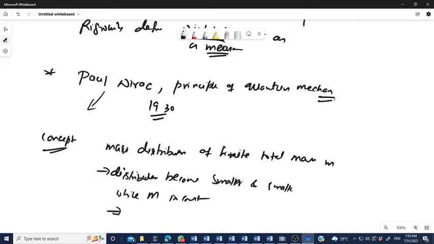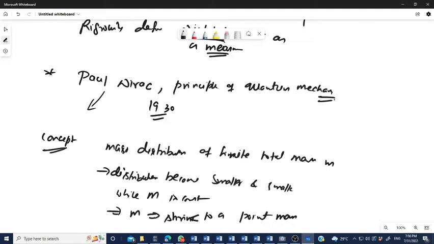Then it means the mass is going to shrink. The mass distribution shrinks to a point mass of value m, which by definition has zero extent.